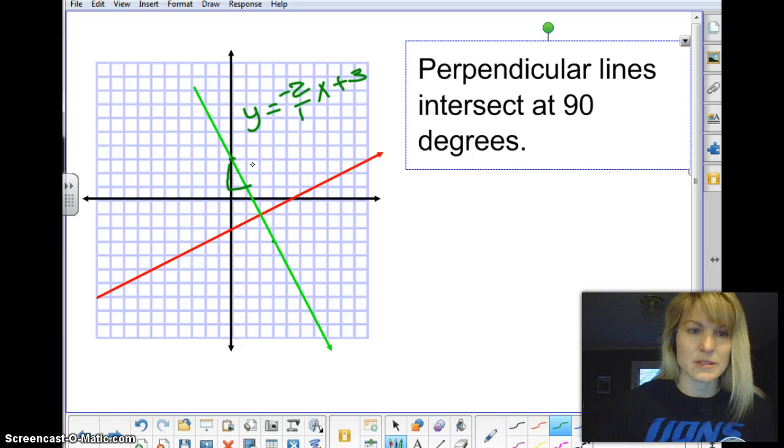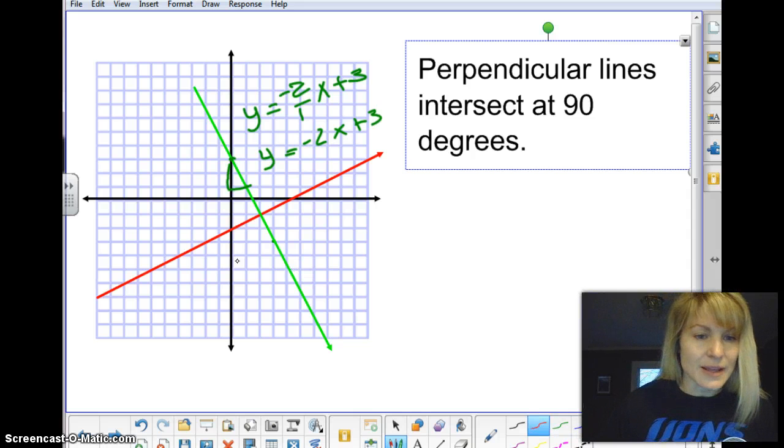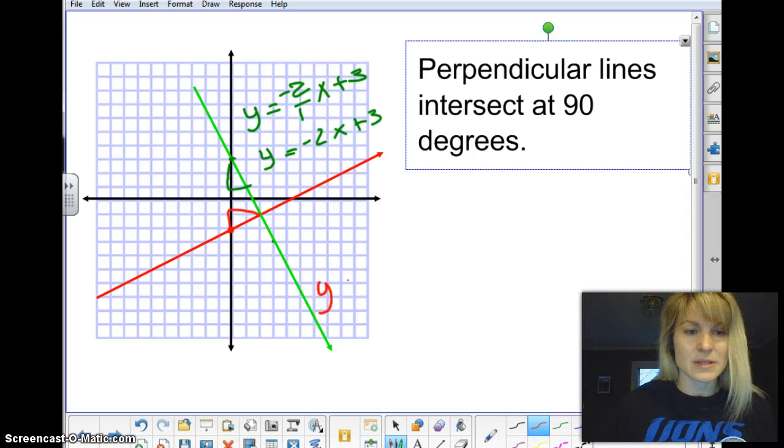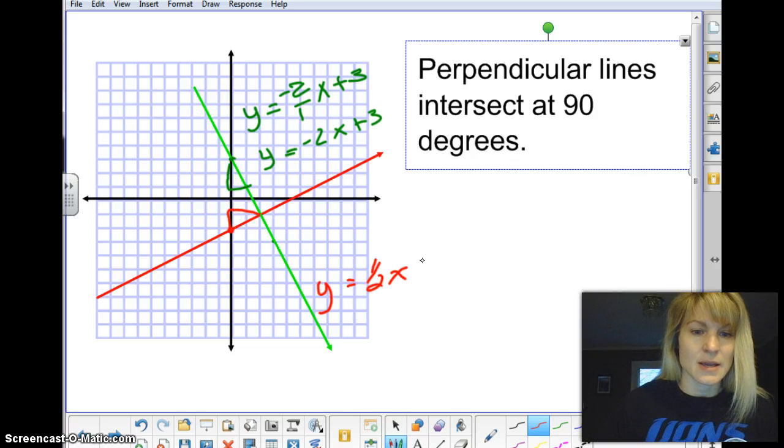So that's the equation of this line. Or I can write y equals negative 2x plus 3 if I want to make it look a little nicer. So this one has the y-intercept of negative 2, and it goes up 1 over 2. So the equation of this line is y equals 1/2 x, and then the y-intercept is negative 2.